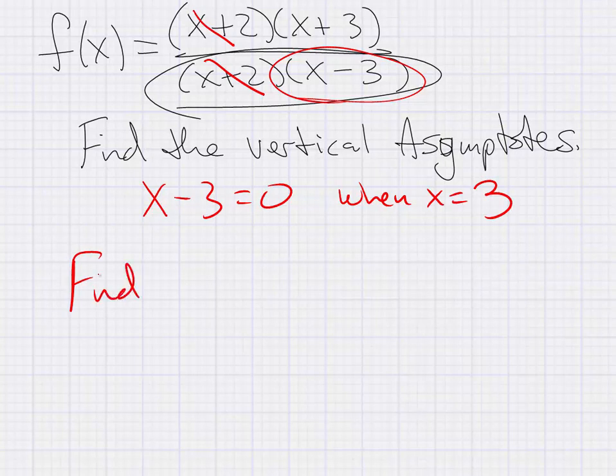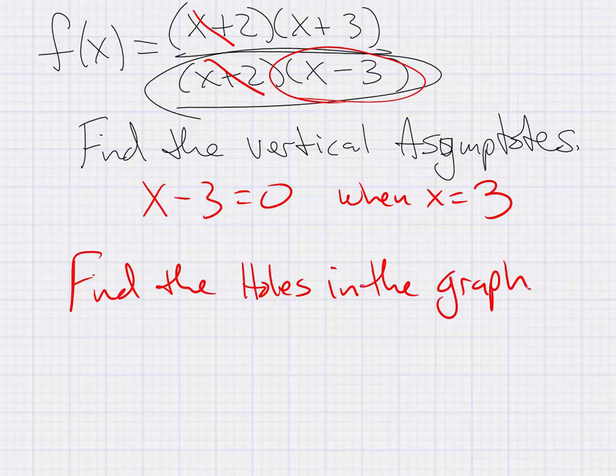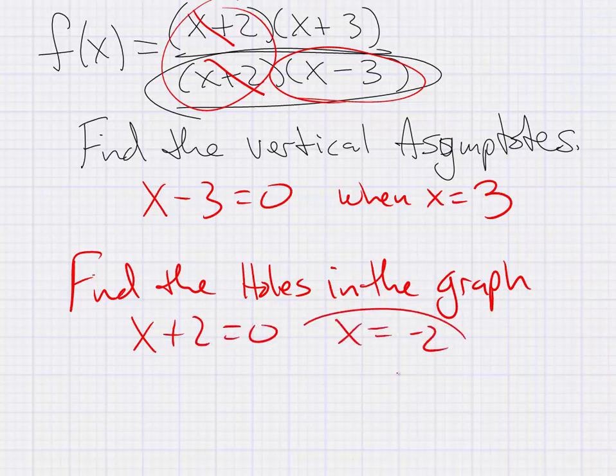If I said find the holes in the graph, that would be for the factor that you canceled out. The factor I canceled out is x plus 2. When's that going to be 0? When x equals -2. So that's going to be the hole in the graph.